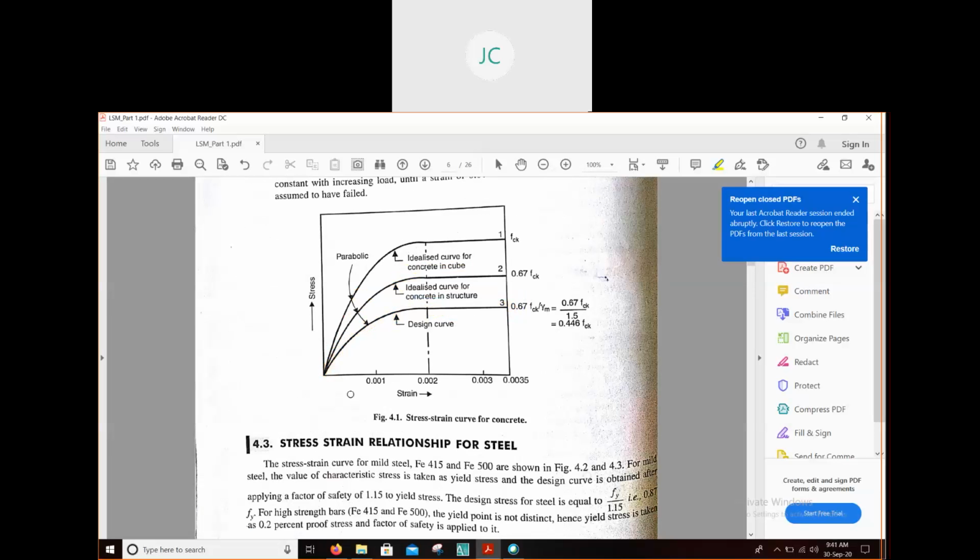See, this is our focus diagram. It is explaining about the stress strain curve for steel as well.